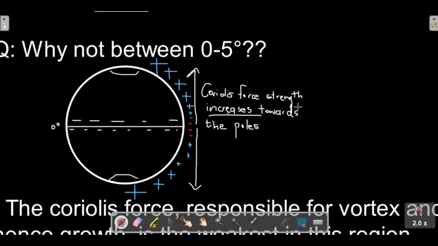So we say Coriolis force strength increases towards the poles. One would deduce that the Coriolis force is the strongest at the poles. If it is the strongest at the poles, then it must be the weakest at the equator, right?